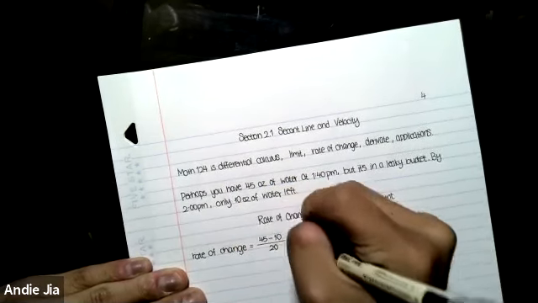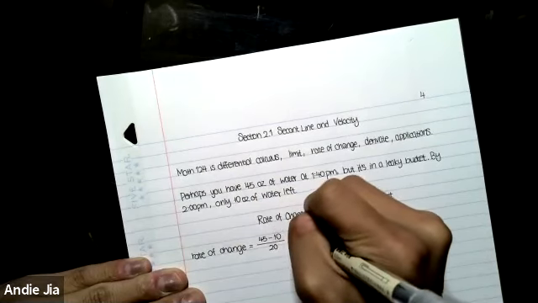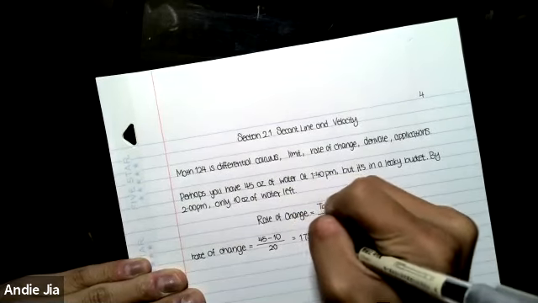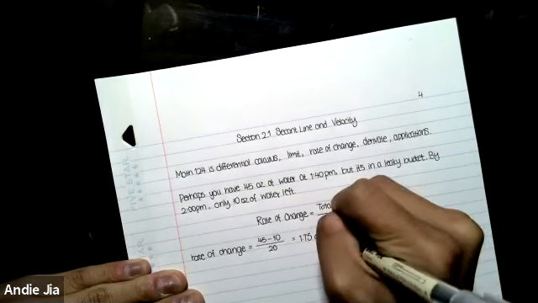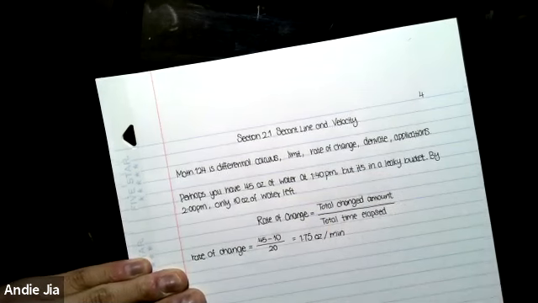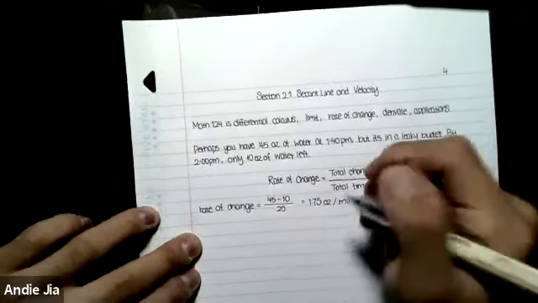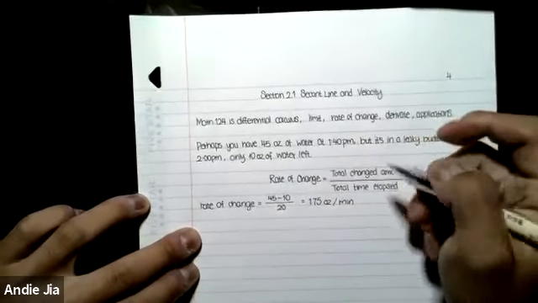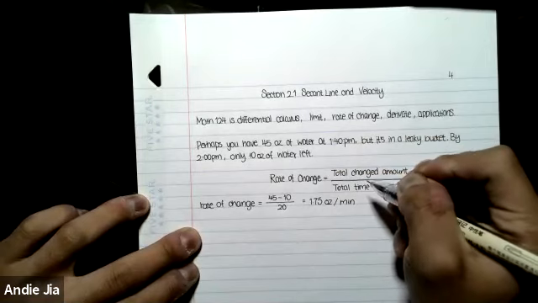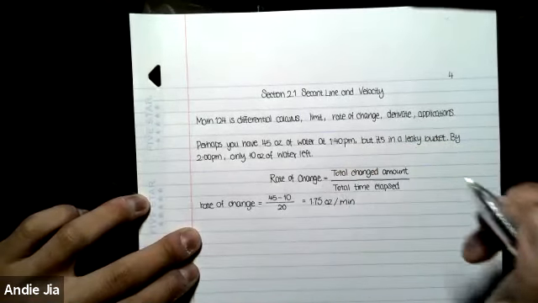And we have 1.75 ounces per minute. And this is a rate of change. Here you just have numeric values. That's why we use this equation.